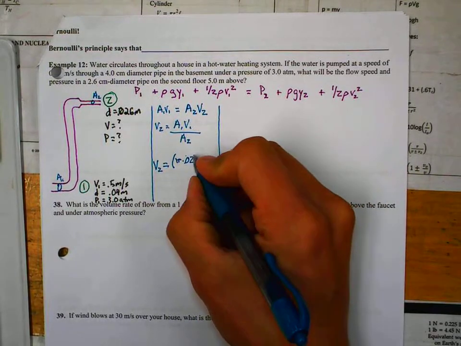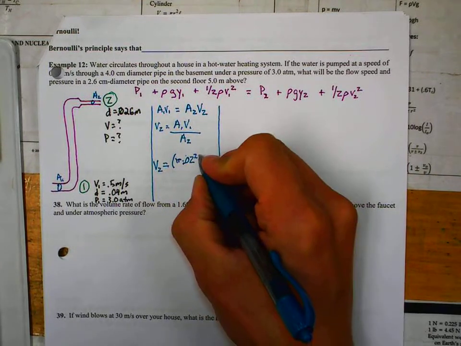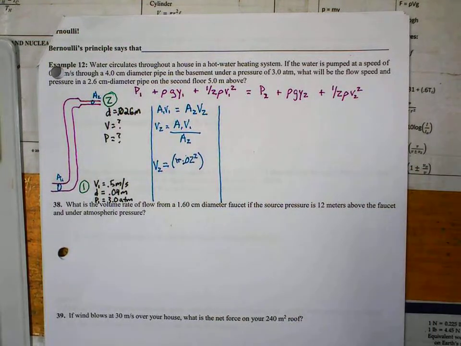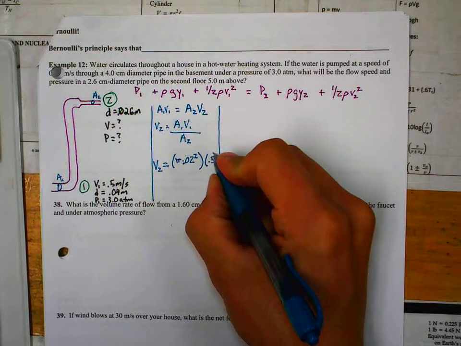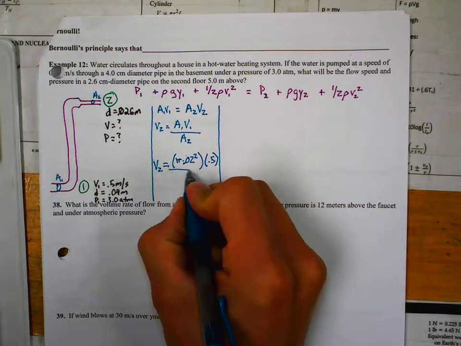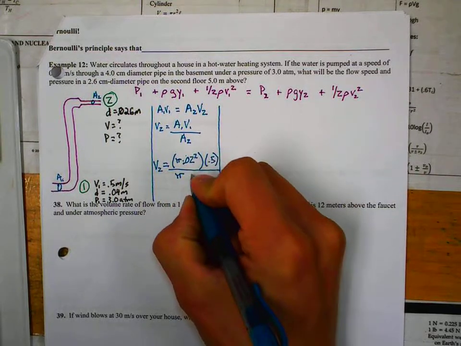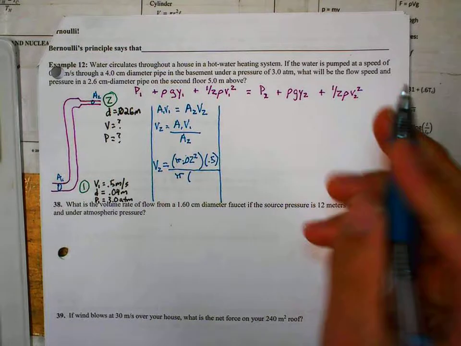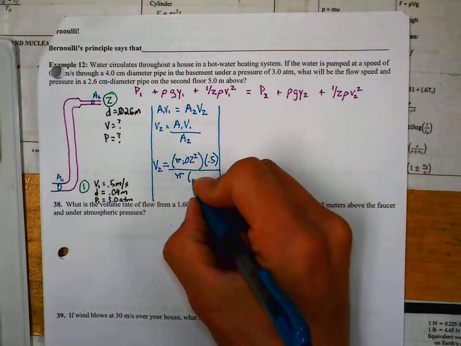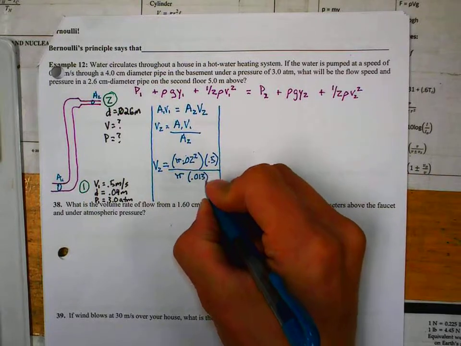Pi r squared times our velocity. Okay, V1 is a half, so I'm going to put a 0.5 right there. And then we're going to divide by another pi r squared. And down here, or up here, that's going to be 0.013. Square it.